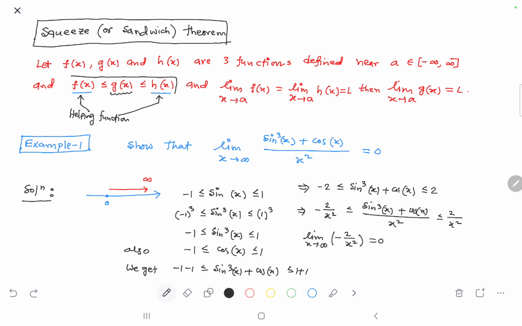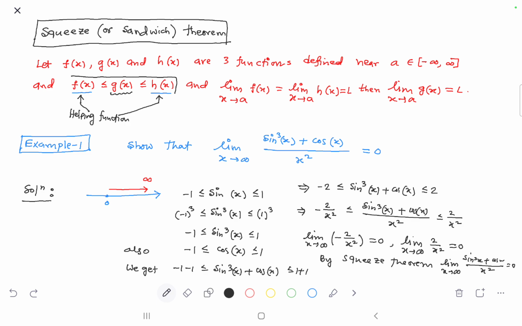Also the limit as x tends to infinity of 2 by x square is 0. So by the squeeze theorem, the limit of our function, sin cube x plus cos x by x square, is 0. This is the way you have to do this kind of question, using the sandwich theorem.